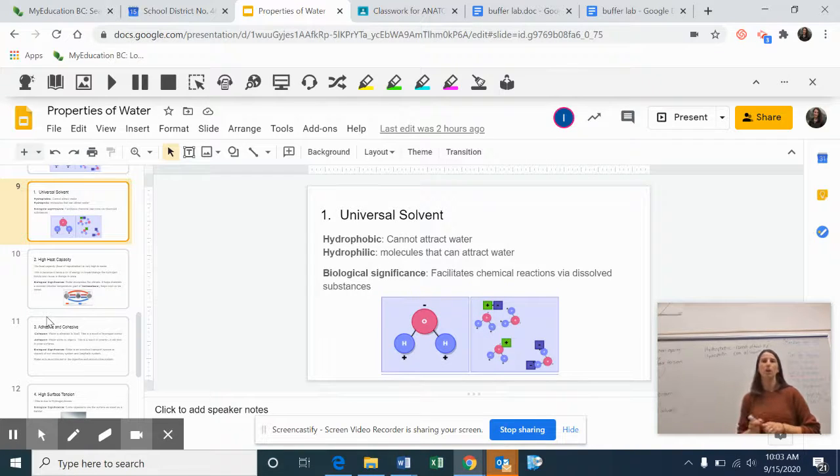Okay. Oh, and then actually, you know what? I missed a slide here while I was writing this stuff down. I missed the biological significance of universal solvents.